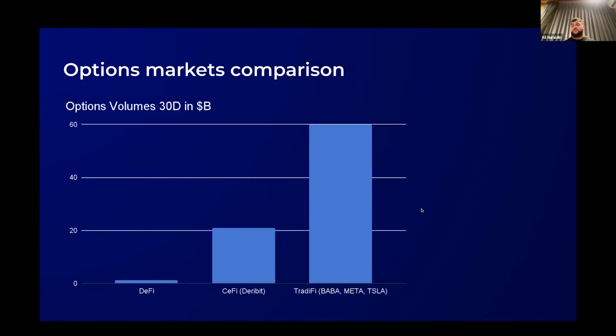So you can see that CeFi volumes are 20 times bigger than the DeFi volumes, but options on Alibaba, Meta, and Tesla stock generated at least 3 times bigger volumes than the CeFi. And of course, considering how many stock options there are on the market, you can imagine the total volumes. I only wanted to show you this so you can understand the potential growth of DeFi option volumes.